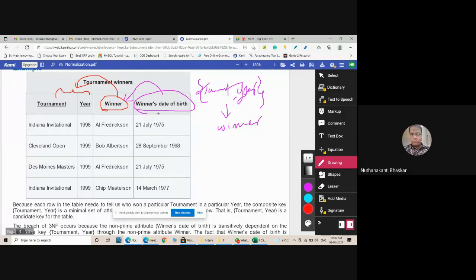Now this winner's date of birth is depending on what? Winner, sir. So that we need to write winner determines date of birth, winner's DOB. Now it is looking like X determines Y determines Z, correct? Yes, sir. So that it is having transitivity dependency.